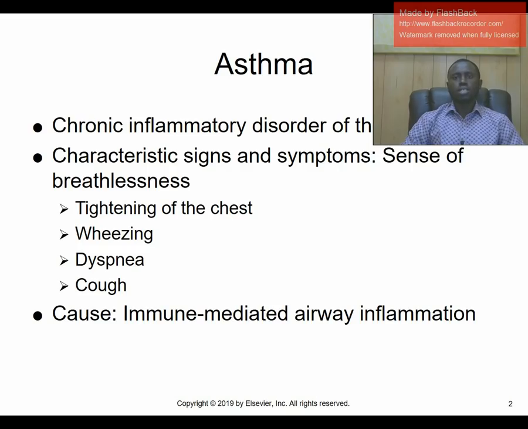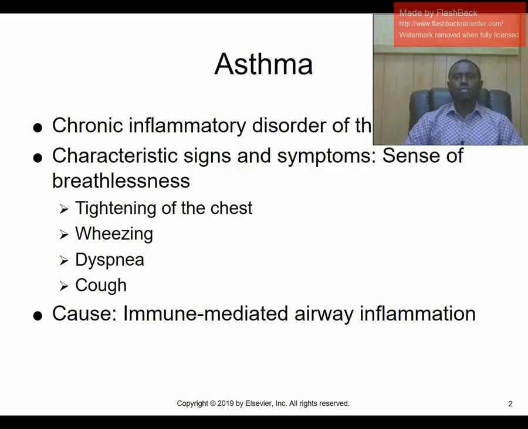Although the cause of asthma is unknown in about 50% of the cases, the other 50% is caused by an immune response to allergies. Allergies could be allergens in the atmosphere such as pollen, dust, fumes, smoke, bedbugs, and dust mites, and other substances such as home detergent and cleaning supplies.